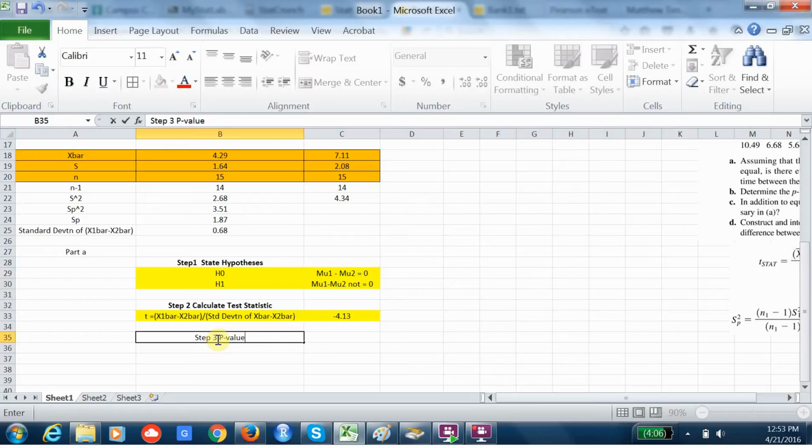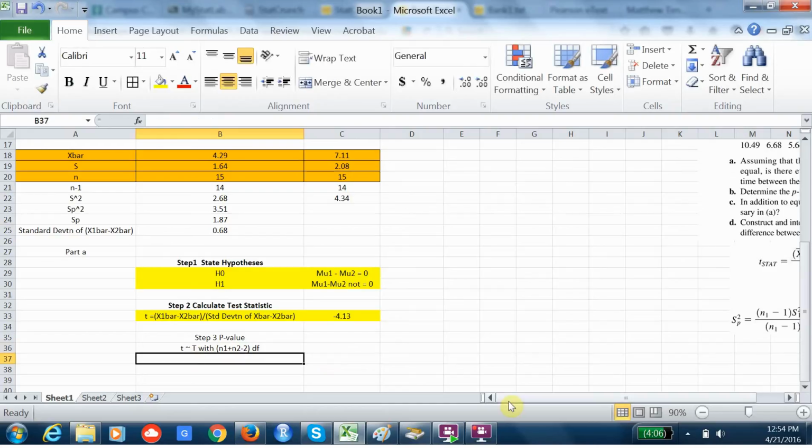Two things that we want to bear in mind. The first thing is that the t here comes from a t distribution with n1 plus n2 minus 2 degrees of freedom. And the other thing we want to keep in mind is that we're doing a two-tailed test.